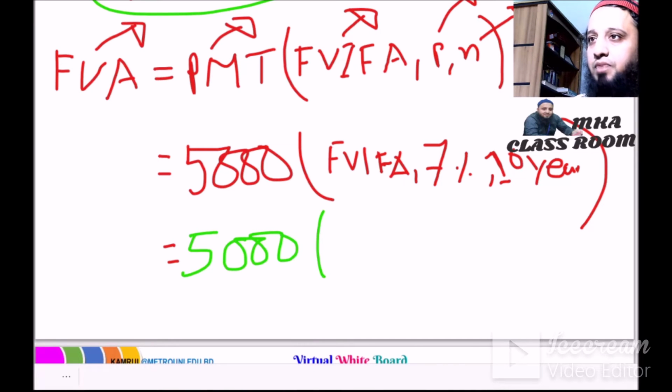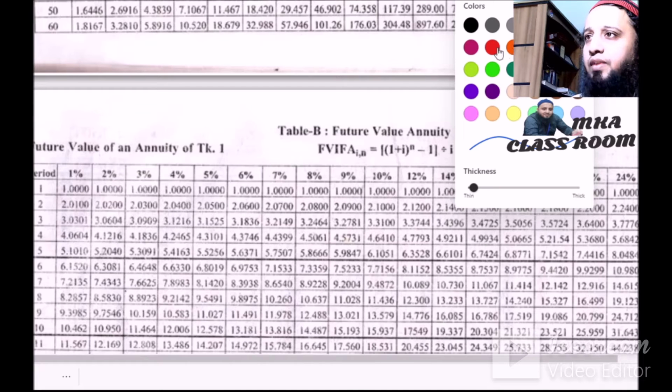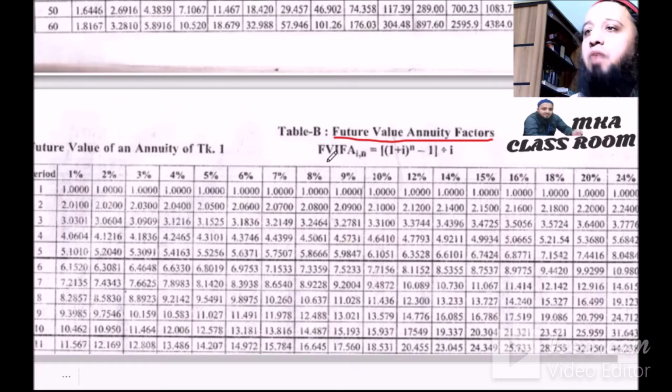From your financial table, at first you have to find the name of the table, future value interest factor annuity, FVIFA.